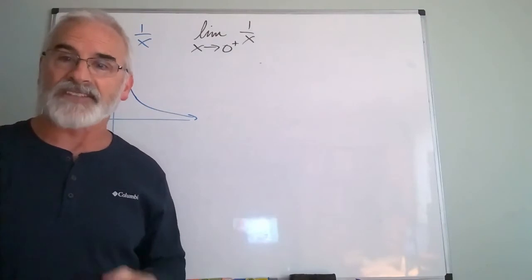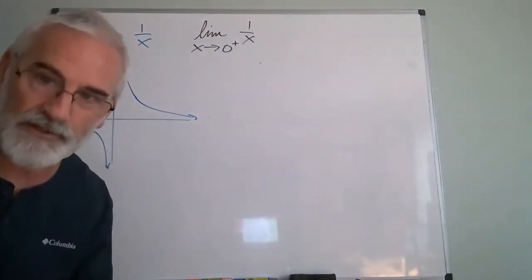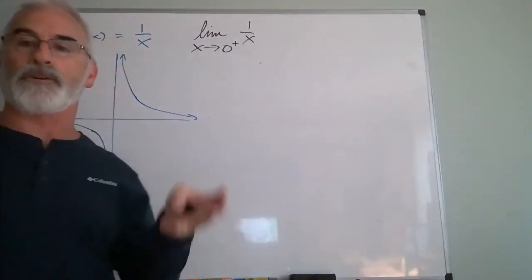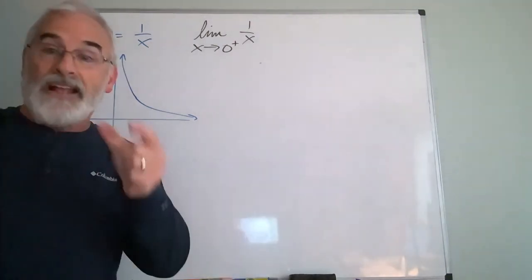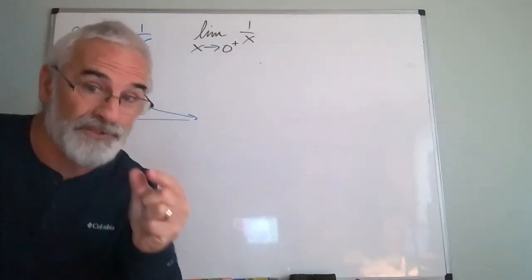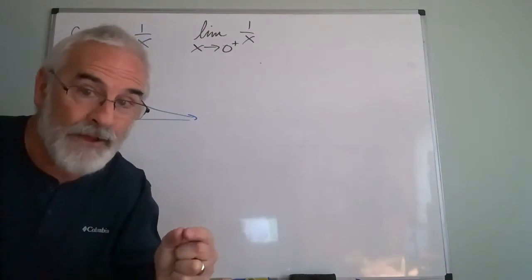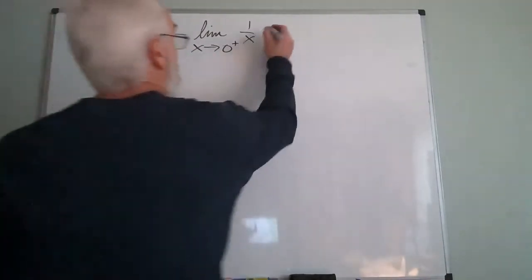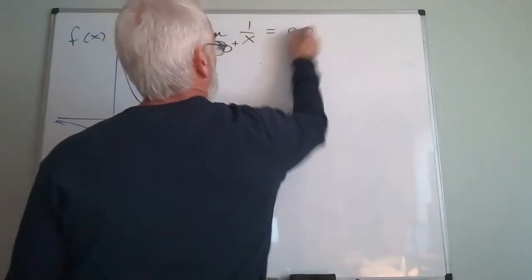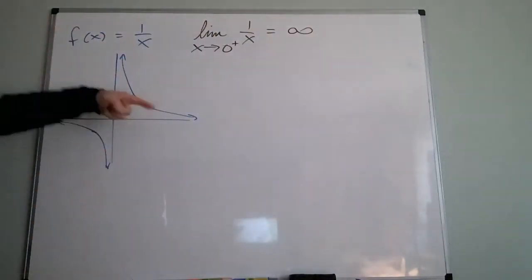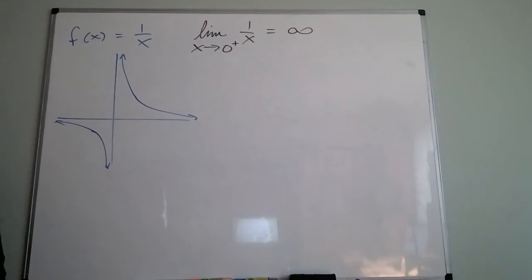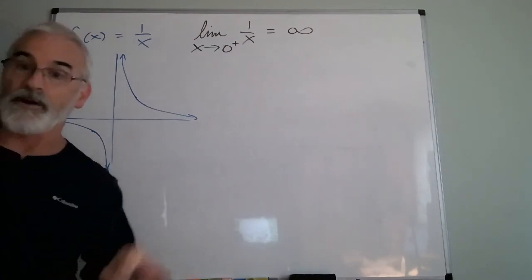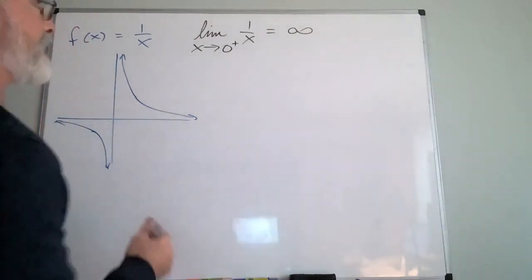As x is getting smaller and smaller, its reciprocal is getting larger and larger. In fact, I can keep getting closer and closer to 0. There's no smallest amount, so I am unbounded on the way up. This limit is infinite. And I also have a vertical asymptote there. That's where vertical asymptotes generally come from: limits that produce infinities like that.